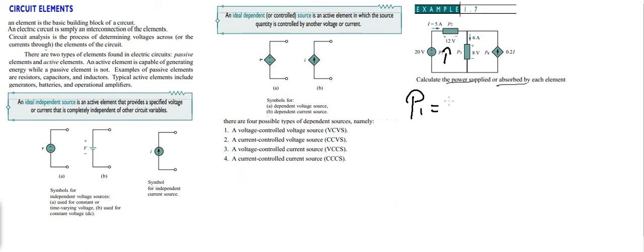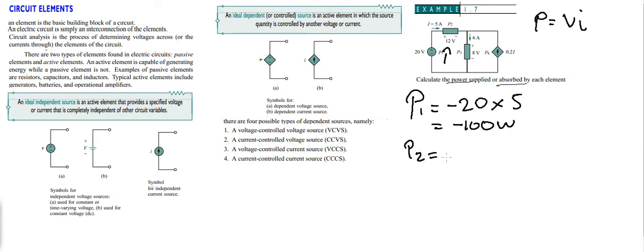Ang formula for power natin is V times I. Now we have negative 20 times 5, which is negative 100 watts. For P2 we have 12 times 5, which is 60 watts.